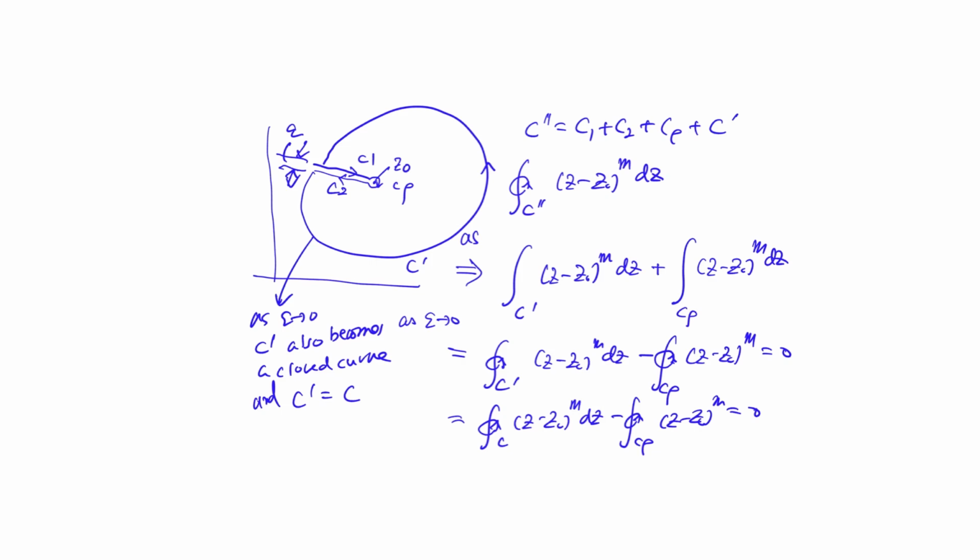So it becomes, this becomes what? 2 pi I delta m minus 1, right? So arbitrary curve, 2 pi I delta m minus 1. This is a very useful result.